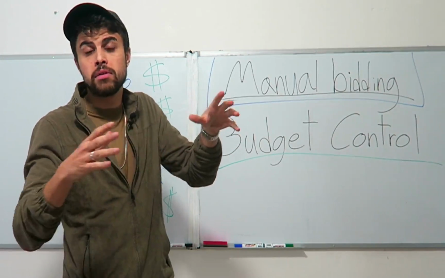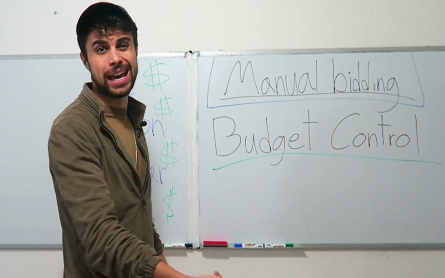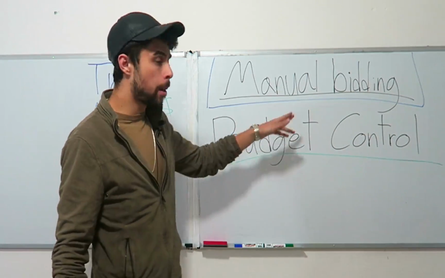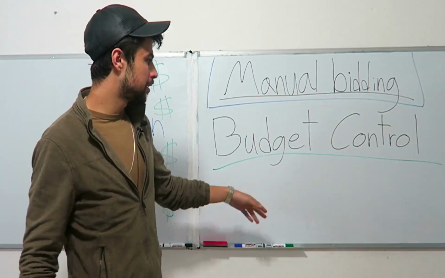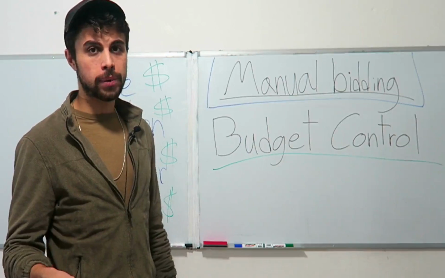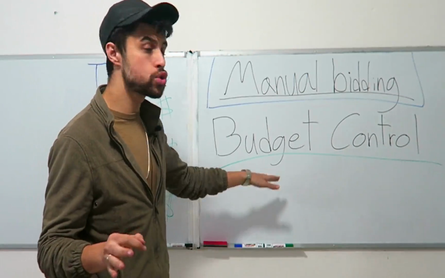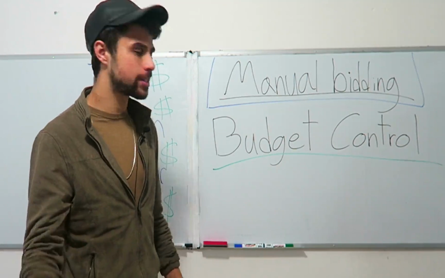And when suddenly Facebook starts to work badly, you decrease the budget because the ad isn't making you money. But with manual bidding, that's not the case. You can't have bad ads, okay? Not 100% of the time, but you usually can't have a bad ad when you're doing manual bidding. Why is that?